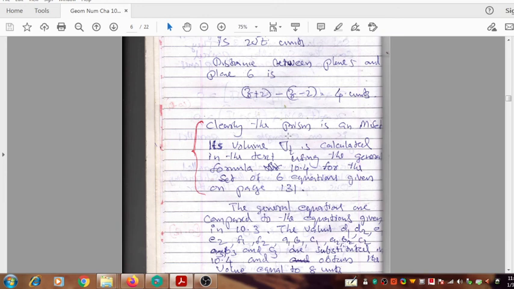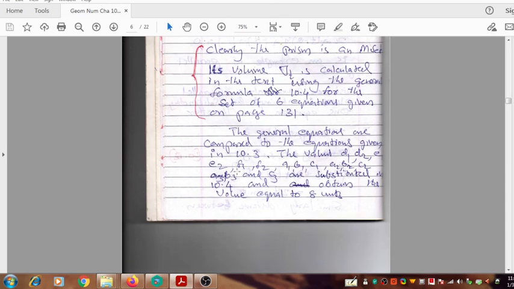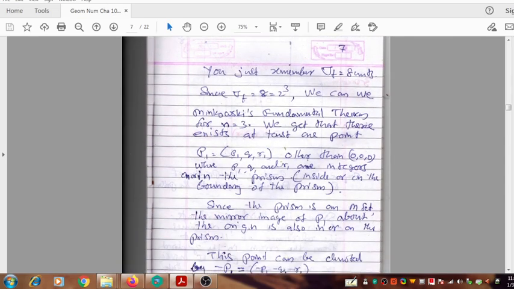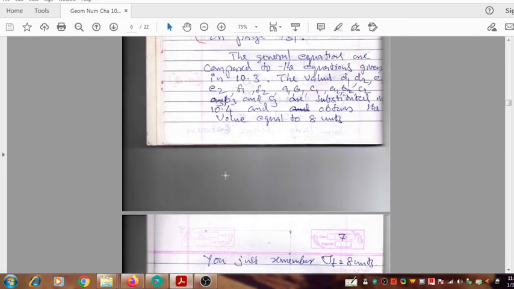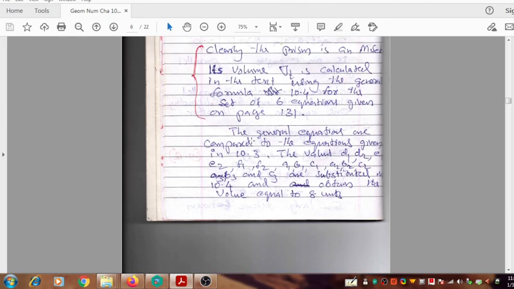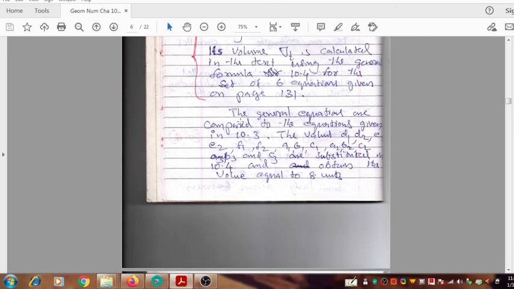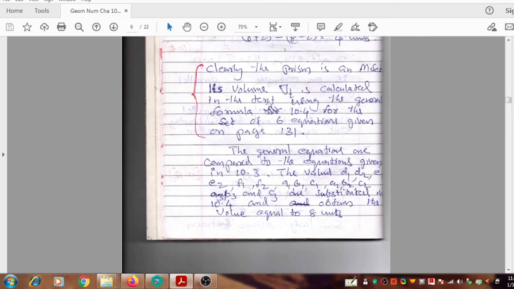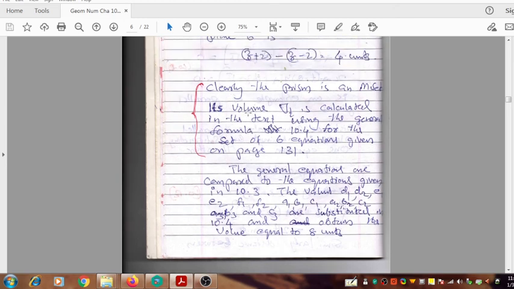But there exists a formula in which we can substitute the values of the coefficients present in the equation that we are considering here, to obtain the volume. That formula is also given in the text, included in the steps of the proof.